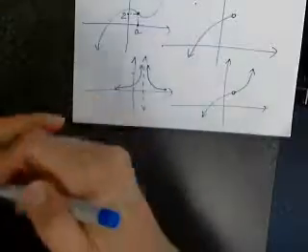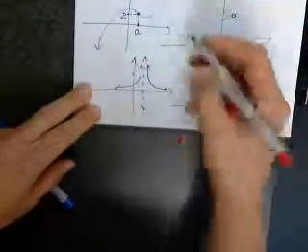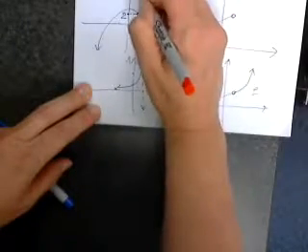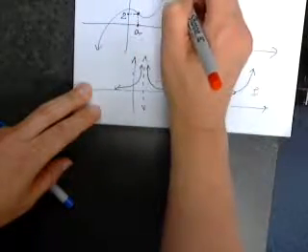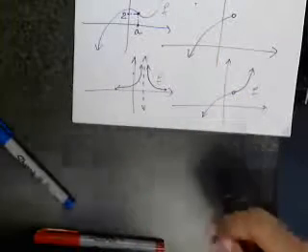So the question is, the limit of f of x, they're all f of x, as x approaches a from either side, does this exist or not? In other words, the concept of the limit means this.